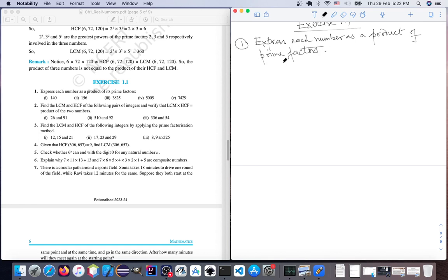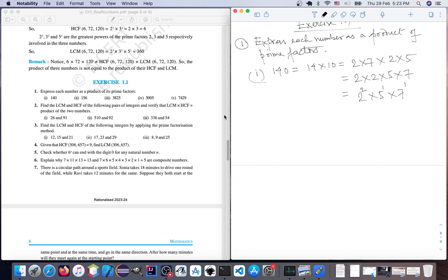Okay, what are the numbers? 1 is 140. So this is 14 into 10. This is 2 into 7, and 10 is 2 into 5. And if we now arrange the prime factors in ascending order, we get this. And if we combine the similar primes and have powers, we will get this. So this is the prime factorization.